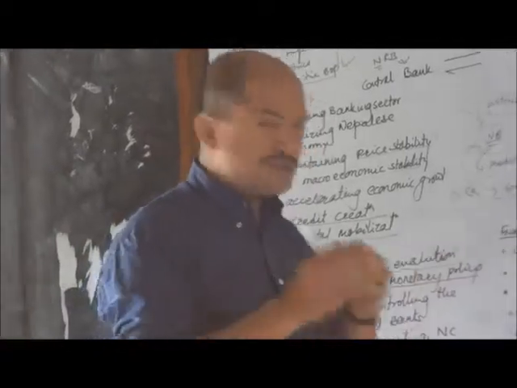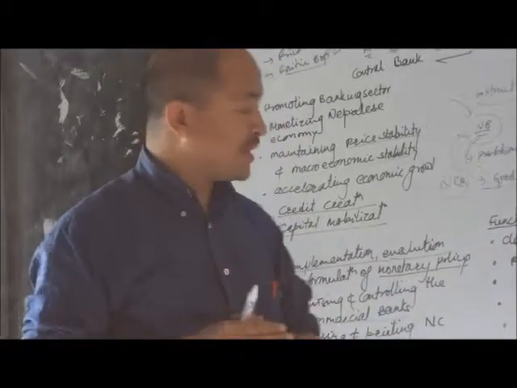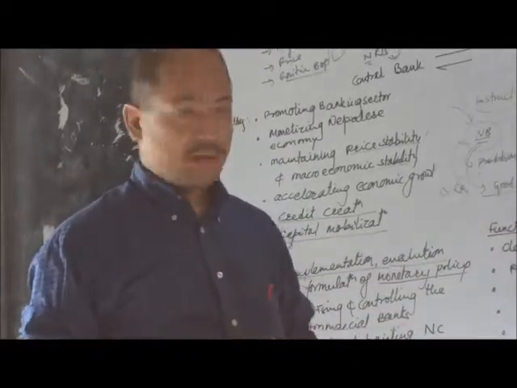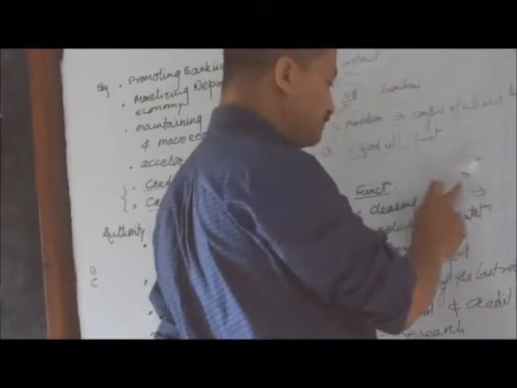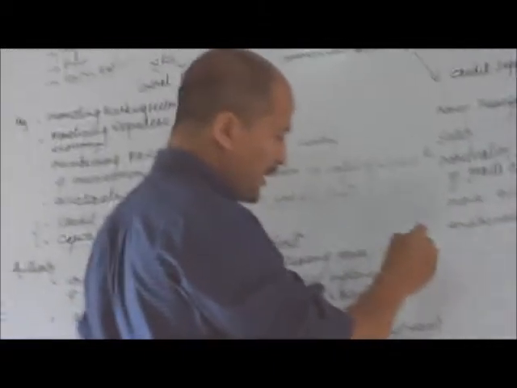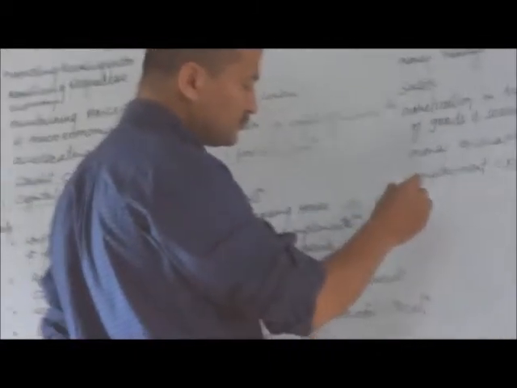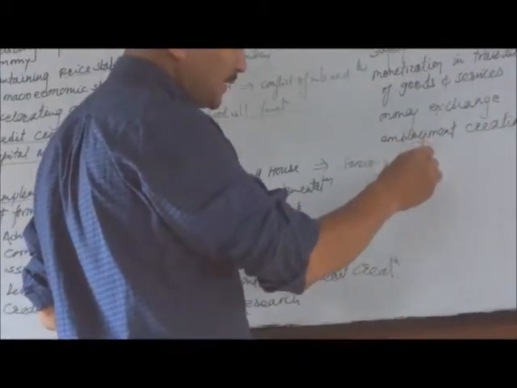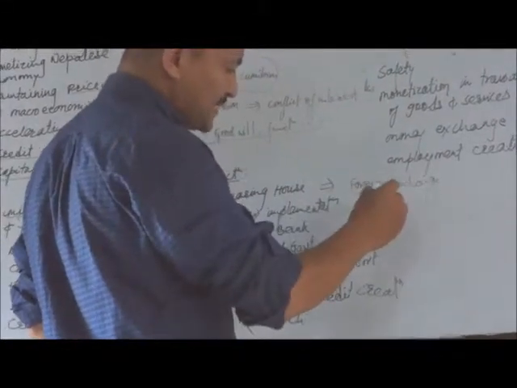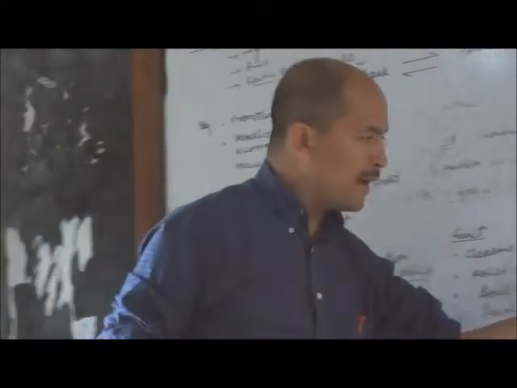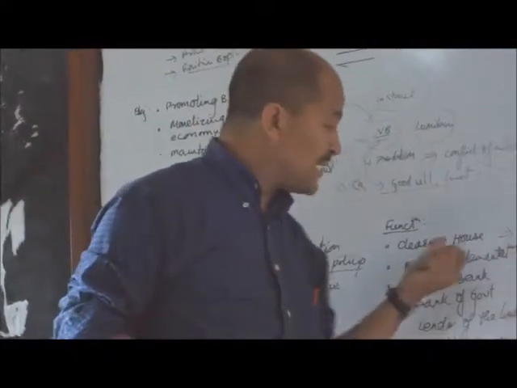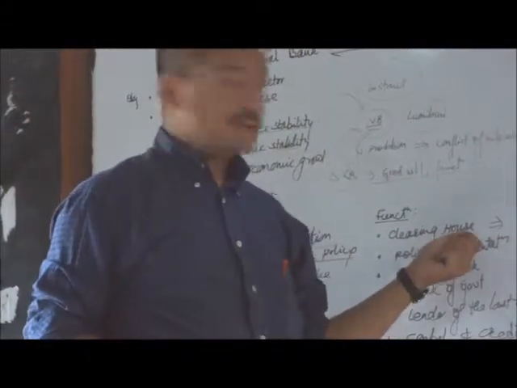You can find certain functions of the central bank, such as the clearing house. If you observe, there are certain types of foreign exchange bills, LCs, and other different types of things. If commercial banks open them there, the central bank clears them.